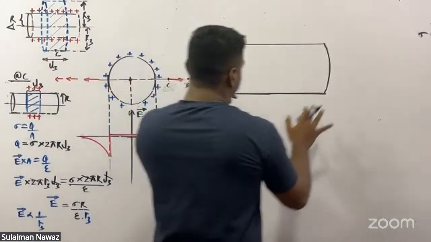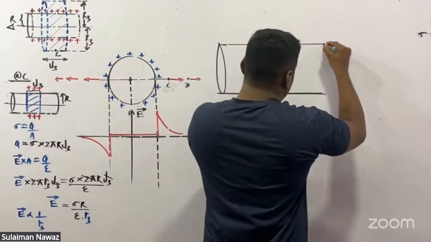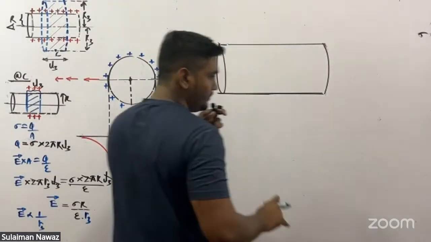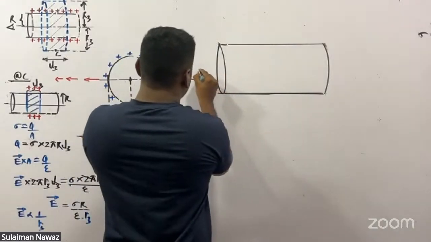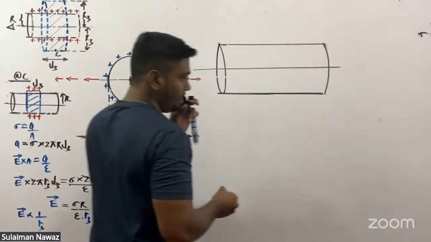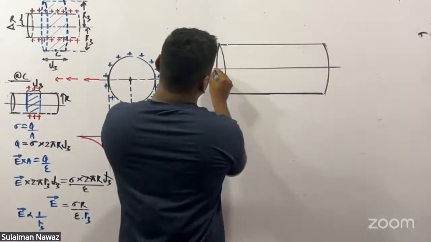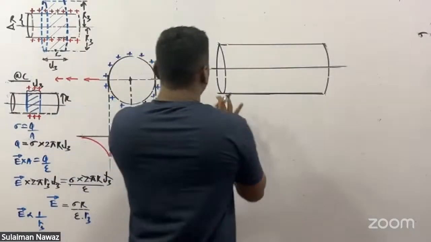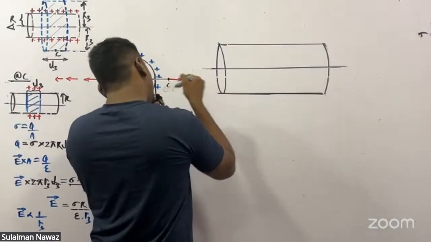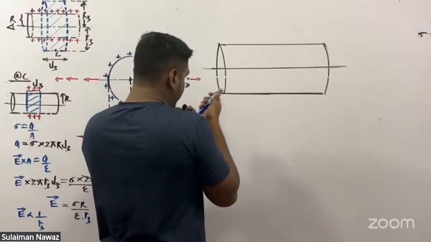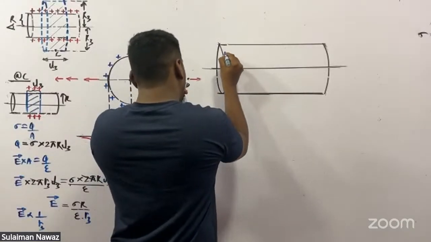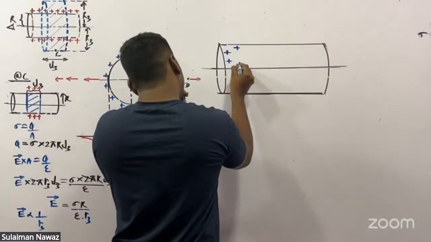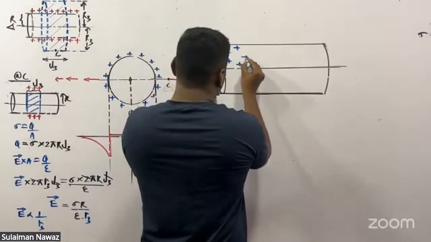Fine, right? This is a non-conductive solid cylinder. The axis. Then let's say now charge is distributed inside the entire volume of this non-conductive solid cylinder, throughout the volume.